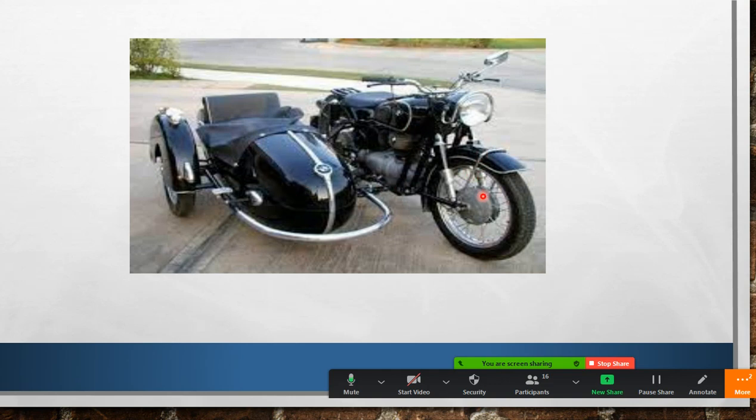The motorbike can go without the sidecar. This is exactly the appositive. The appositive is your sidecar in your sentence, and it can be separated from the sentence without changing the function of the sentence.